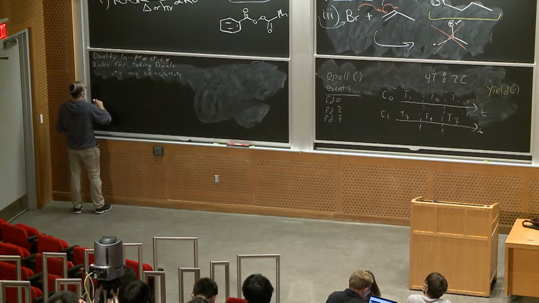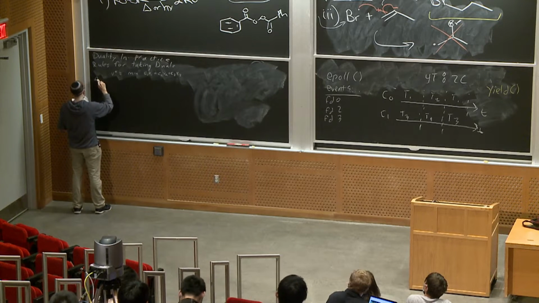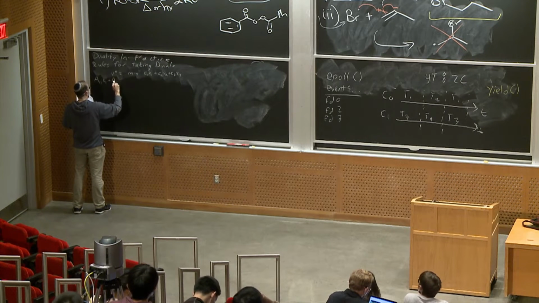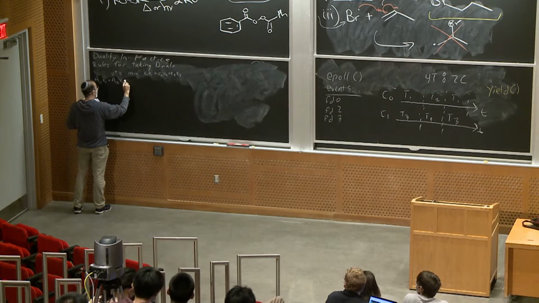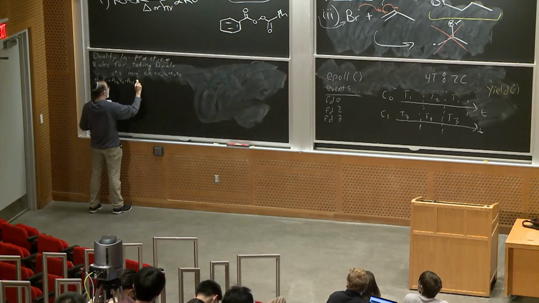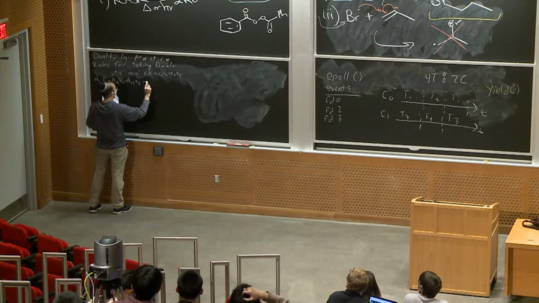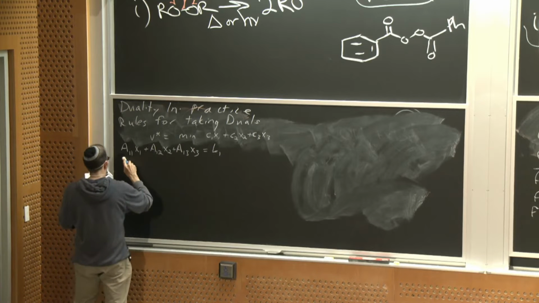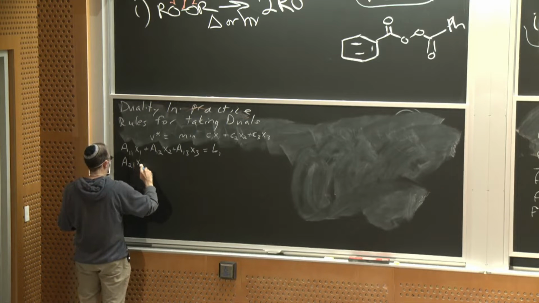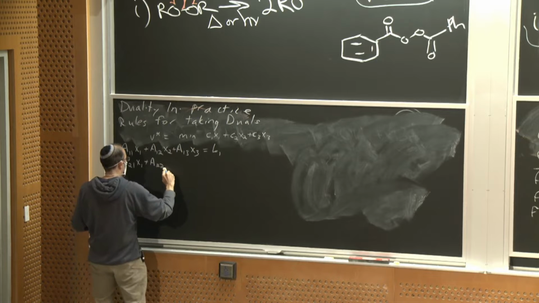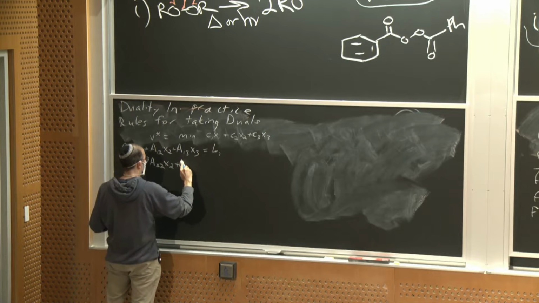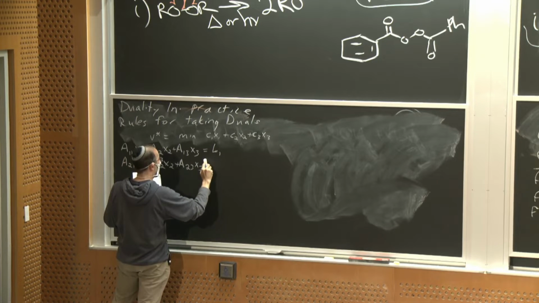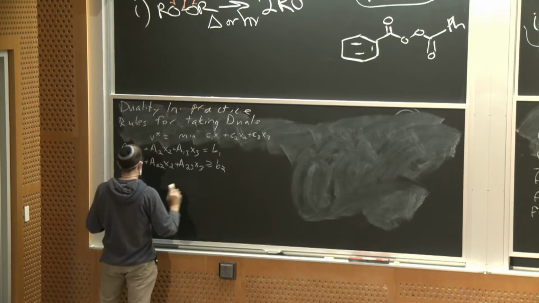And then you have a bunch of constraints. Again, I'm going to break out according to these three different types of variables. I may have some equality constraints. I might also have some lower bound constraints.